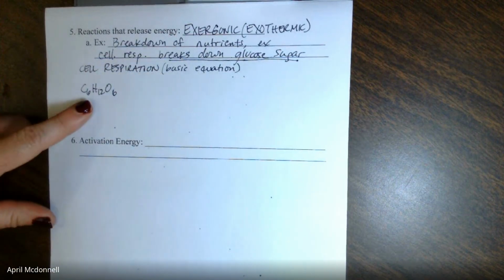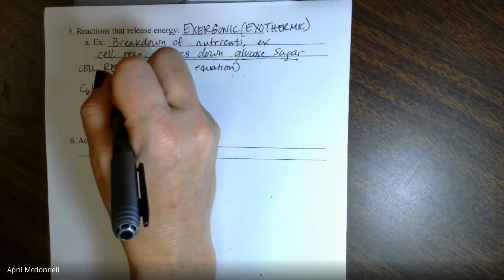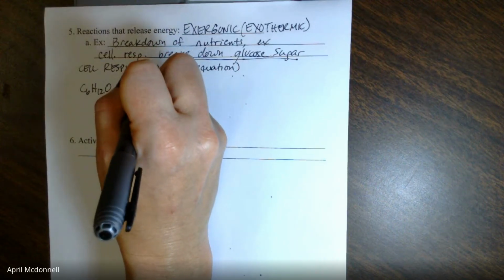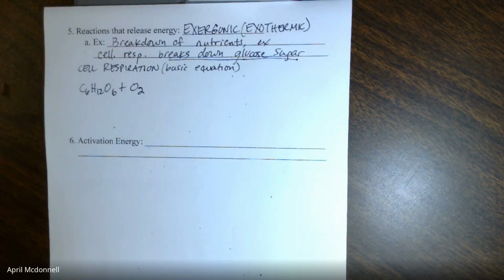So we start off with our sugar. And in order to fully break down the sugar, oxygen will be useful for us. Oxygen is not needed to break down sugar, but in this case, we will include oxygen because it is going to be the most efficient way to break down sugar.